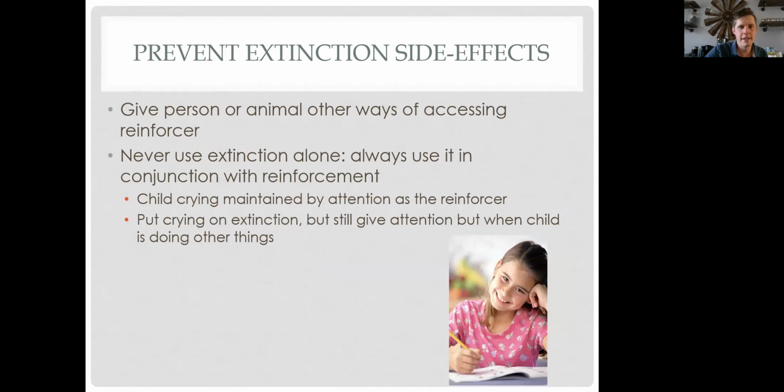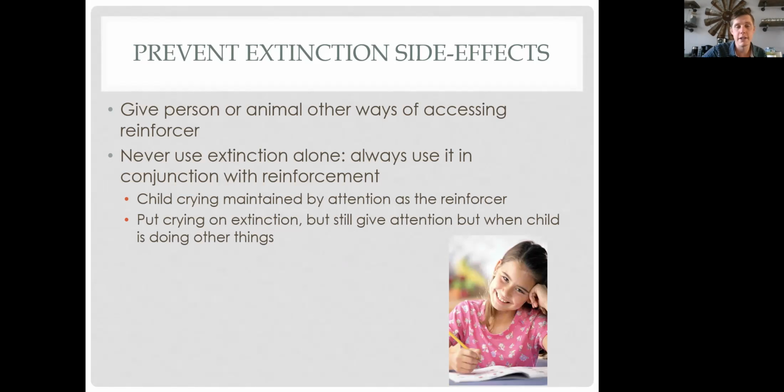So to try and prevent extinction side effects, the key is to try and give the person or animal that you're working on another way to access the reinforcer that you are eliminating. So if the reinforcer is food, then try and provide another behavior that the animal can engage in to get the same amount of food.